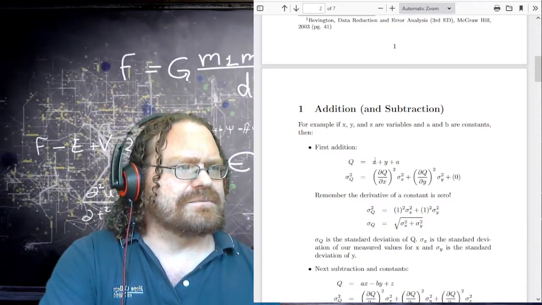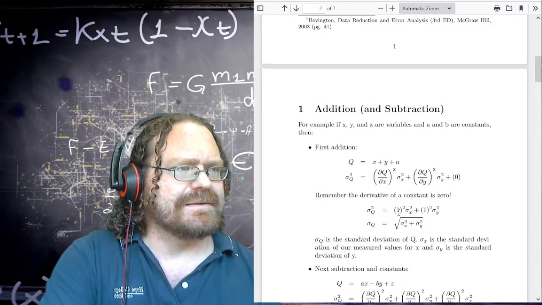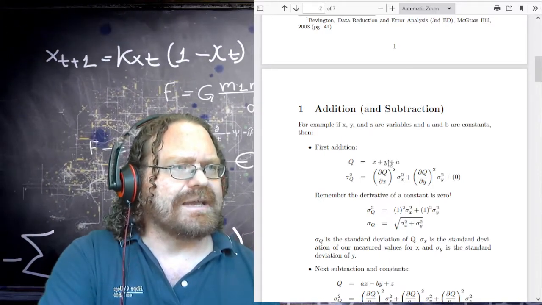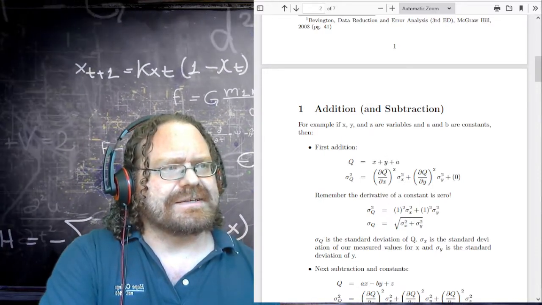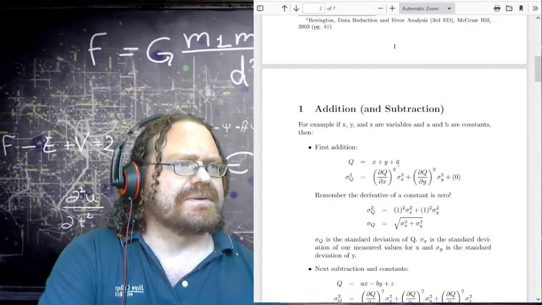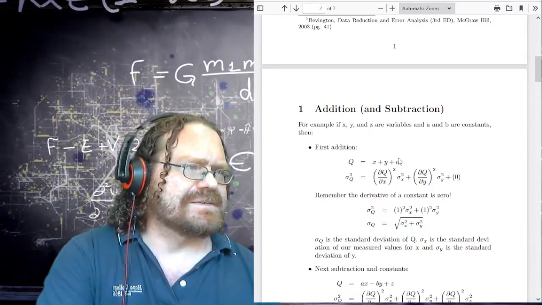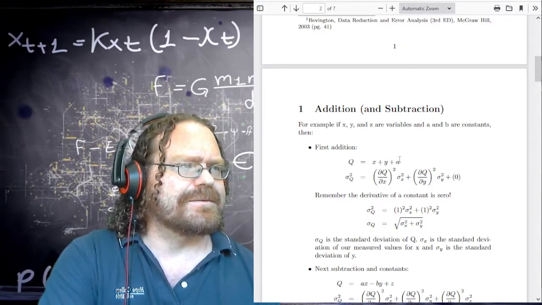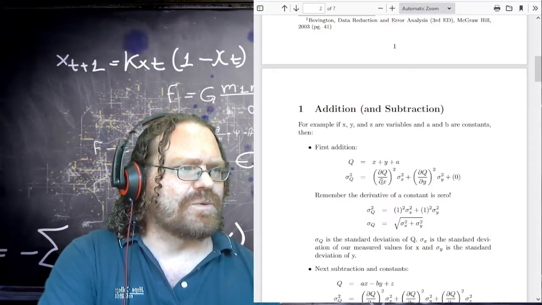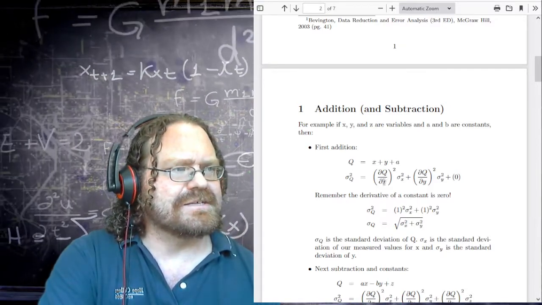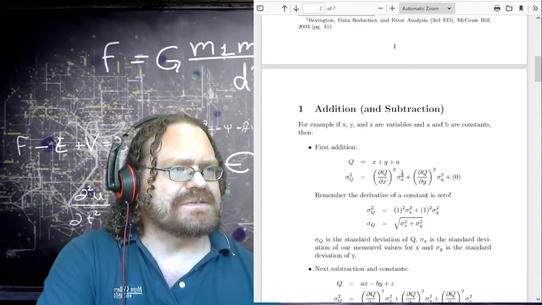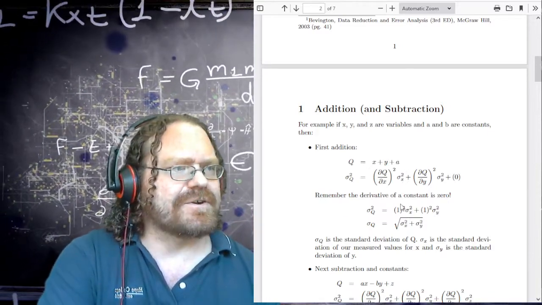And so we put a 1 down here. Now this term right here is a y, but it doesn't have an x in it, and so it goes to 0. And a is a constant, so it goes to 0. Okay, so that's our first term. We have a 1 inside these brackets, squared, times the uncertainty in x squared. Okay, that's our first term.